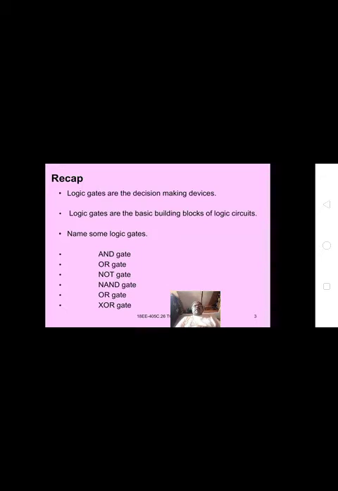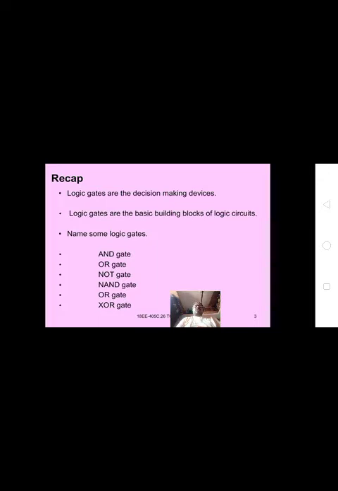It has two mechanisms. One is to switch on, other is to switch off. That is on and off decision. We can switch on the fan or switch off the fan. For doing such type of mechanisms, we are using logic gates. Logic gates are the basic building blocks of logic circuits.